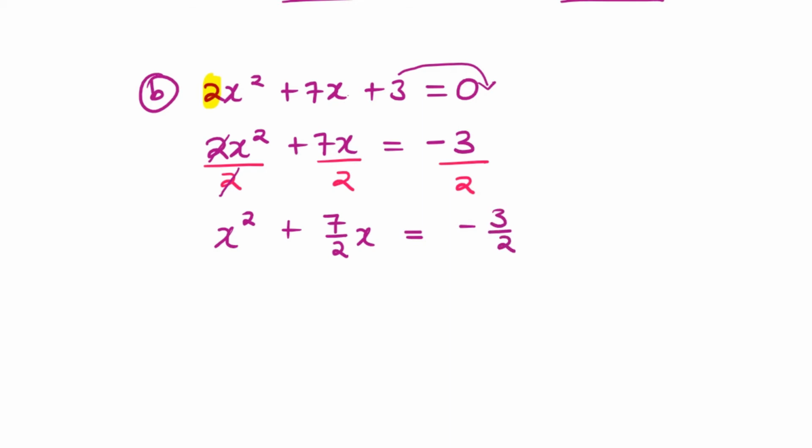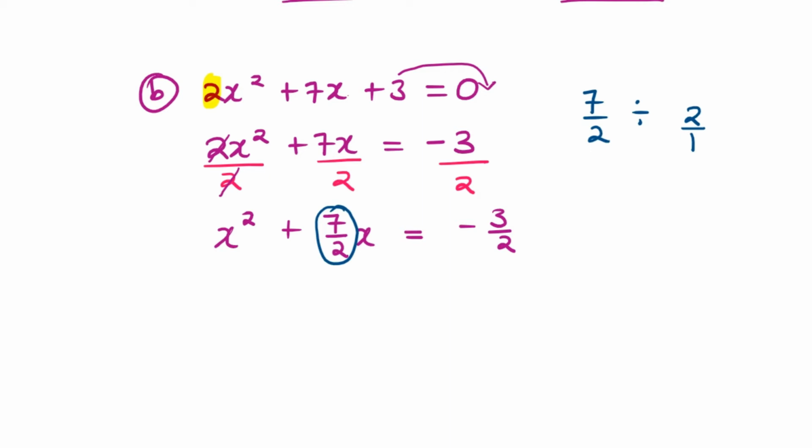Alright, from here we should now take half of the coefficient of x. So half of 7 over 2, so we are writing it here, 7 over 2 divided by 2. We know that 2 is over 1.